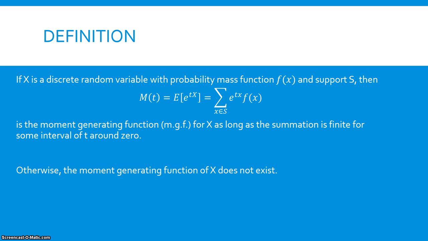That's the moment generating function, which we abbreviate mgf, for x, as long as the summation is finite for some interval of t around 0. If the sum is not finite, then the moment generating function of x does not exist. So not all random variables have moment generating functions.